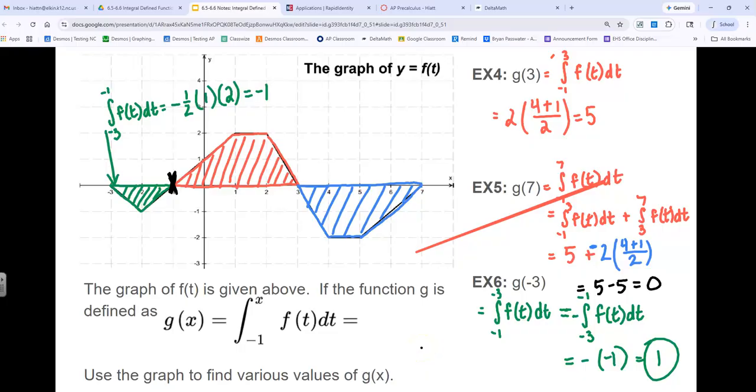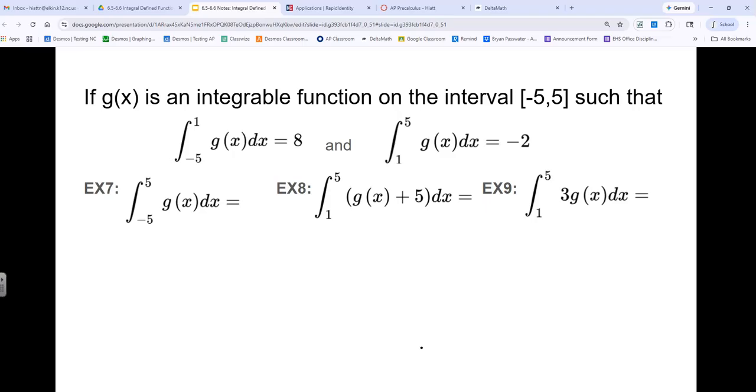So these will be some different things that you're expected to be able to do, types of questions that you'll see. These are probably more likely to be on the multiple choice section than the free response section. You'll also see some of these where they give you this sort of generic function that you don't know anything about, but they give you pieces of information. All right? So here we've got the integral from -5 to 1 of g of x equals 8, and the integral from 1 to 5 of g of x dx equals -2.